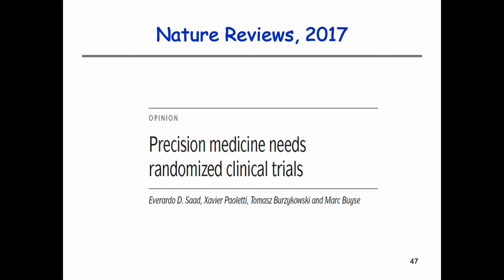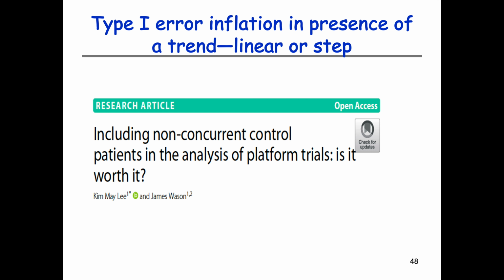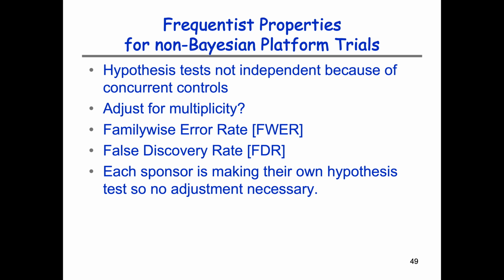We need randomized trials, but also concurrent controls. And, well, the frequentists step forward and say, I want to know about type 1 error inflation in the presence of a trend, a linear or step trend. And these authors have investigated that.